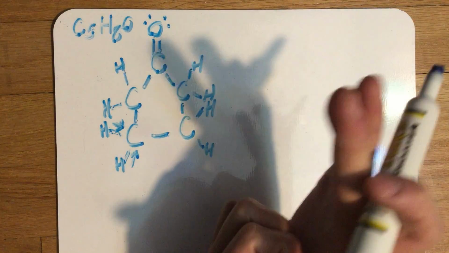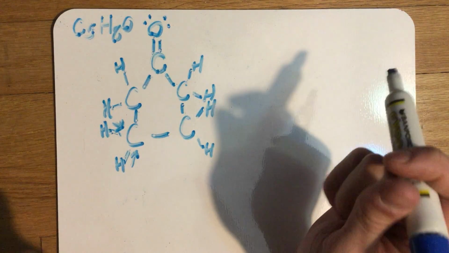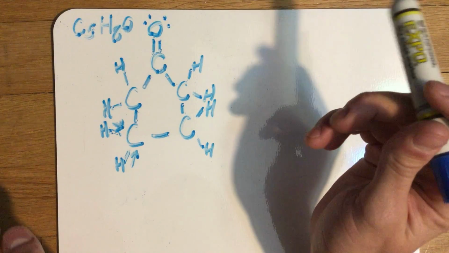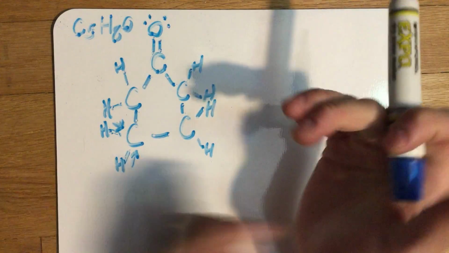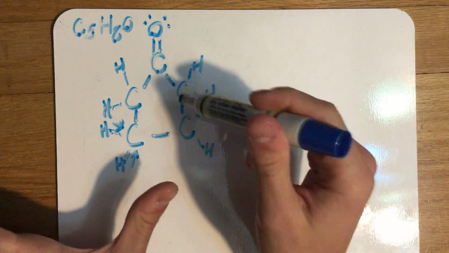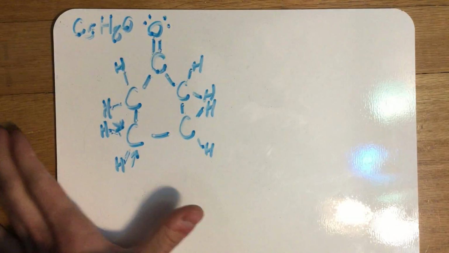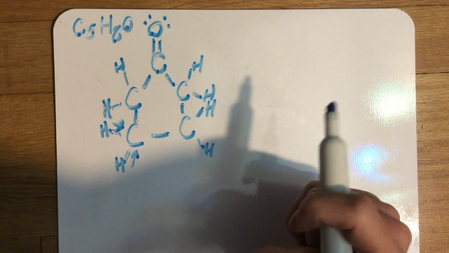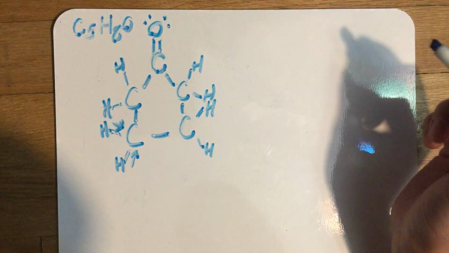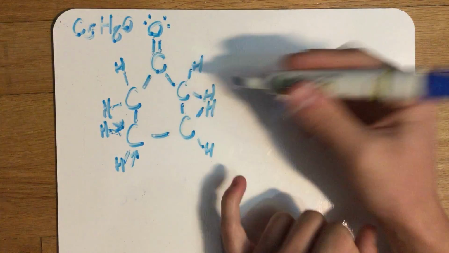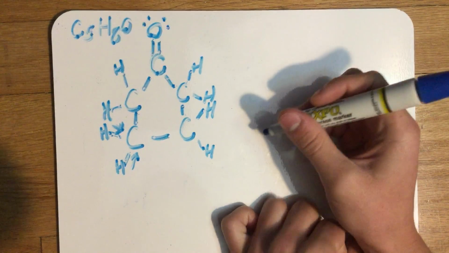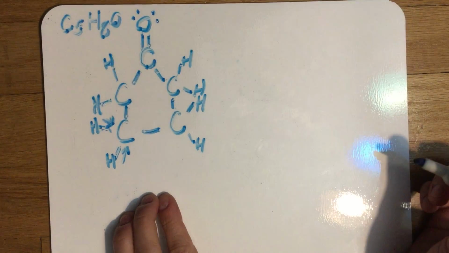An isomer is a different structure, with different bonding, but it still has the same formula. So when doing that, I'm going to first draw my C's. In that case, we know that we have 5 C's. So I'll put them down, making sure we can see it.